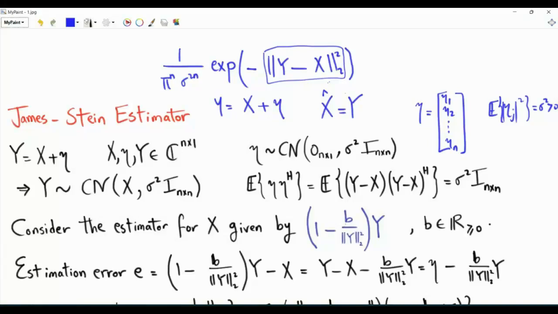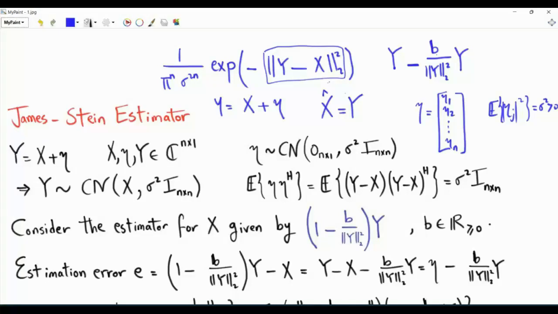So our estimator now will not be vector y, but vector y multiplied by 1 minus b, which is a non-negative real number, divided by the L2 norm squared of vector y. So now this is vector y, like in maximum likelihood, but we subtract b, a non-negative real number, and we will assign a value to b near the end of this derivation, divided by the L2 norm squared of vector y times vector y. This is now our estimator.